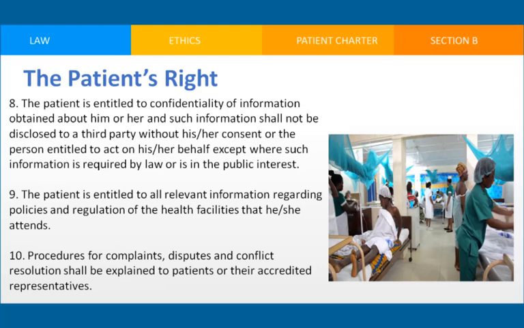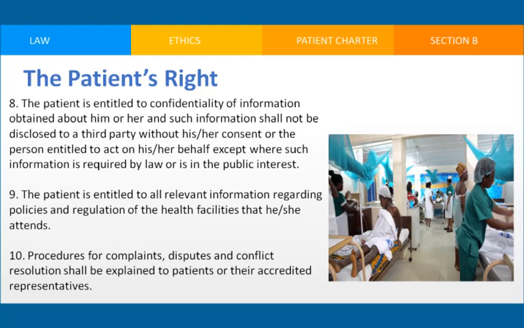Number 8, the patient is entitled to confidentiality of information obtained about him or her, and such information shall not be disclosed to a third party without his or her consent, or the person entitled to act on his or her behalf, except where such information is required by law or is in the public interest. So we've talked about privacy, and now we are adding confidentiality.